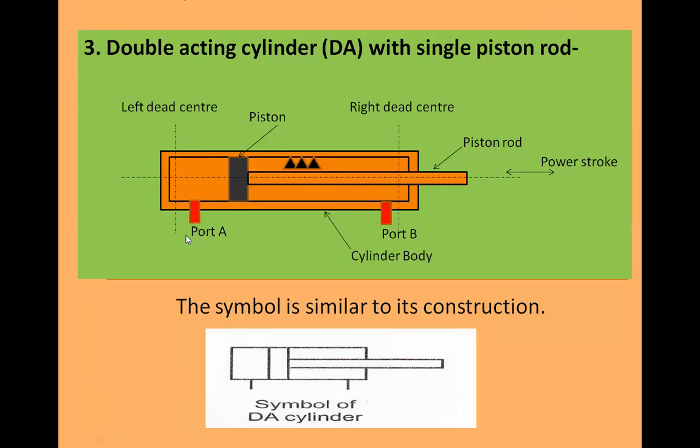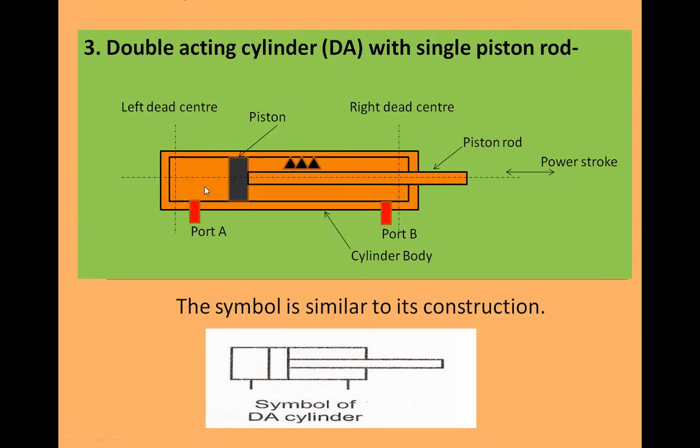Now see, through this port A, fluid will come inside the cylinder. When pressurized fluid is coming inside this cylinder, the fluid pressure is exerted on this surface of the piston.